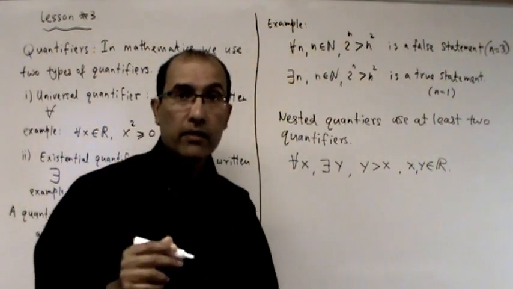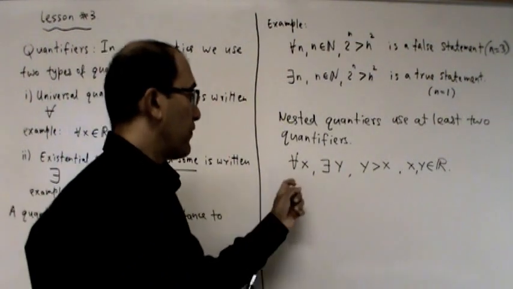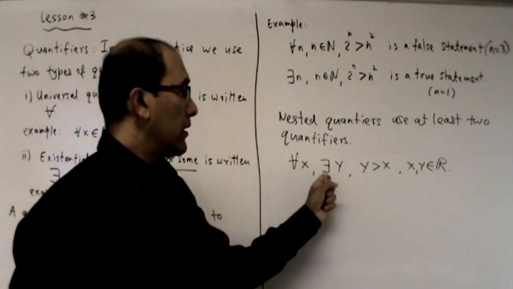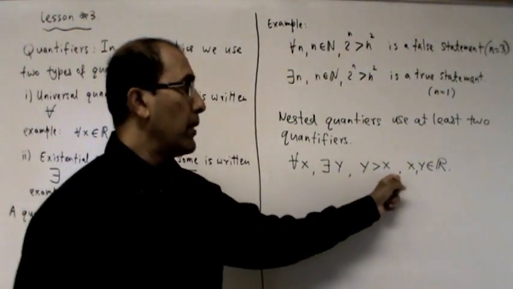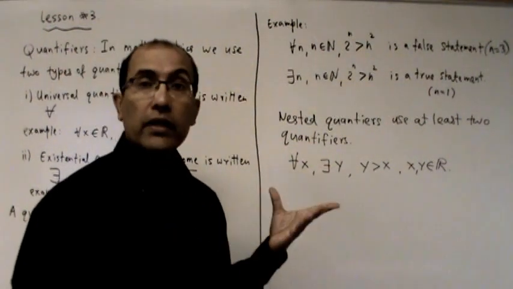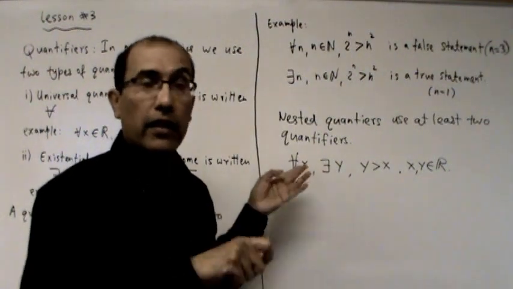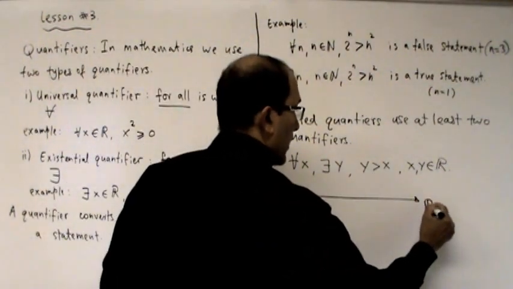So here is a statement, and you need to learn how to read this. For all x in real numbers and for some y in real numbers, y will be bigger than x. Another way to read this is to say, you give me any x, for every x in the real numbers. Here is my real number line.